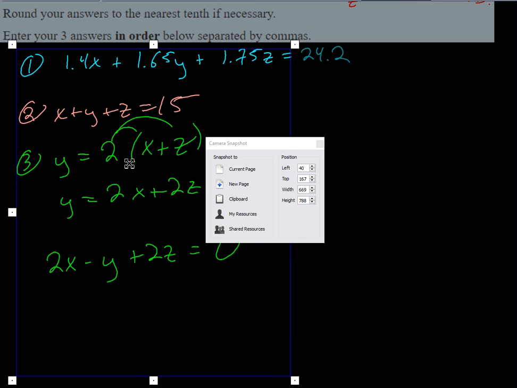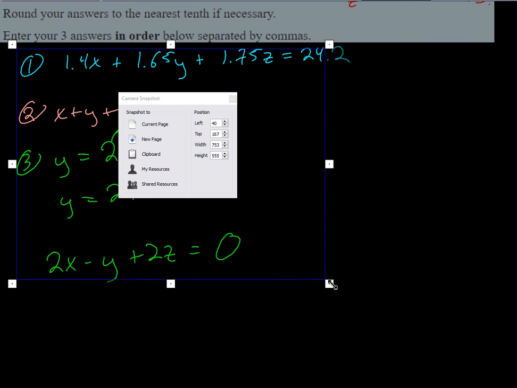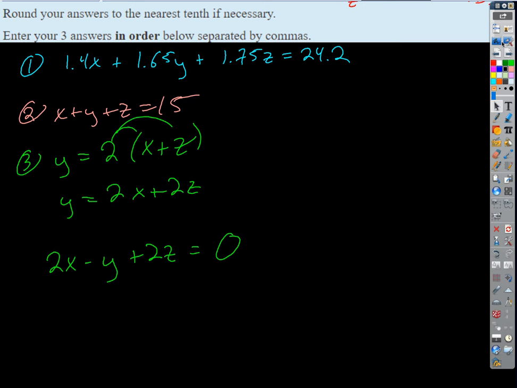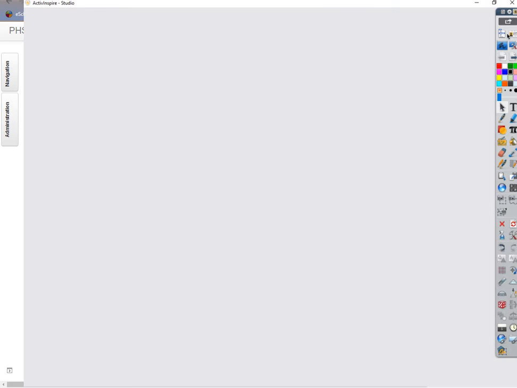Logarithms we'll talk about later. Oops.